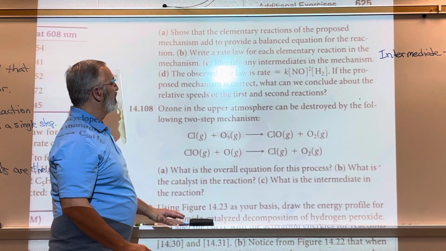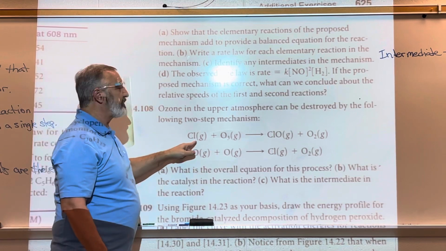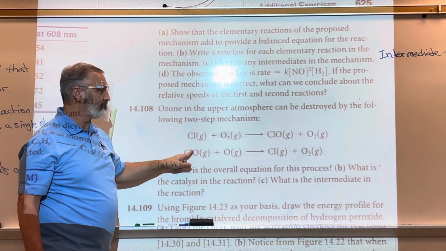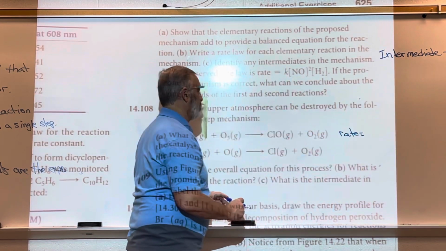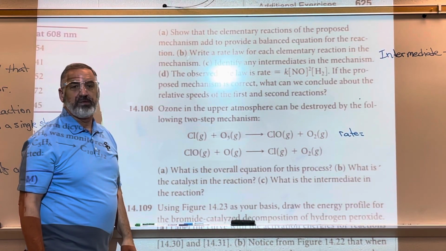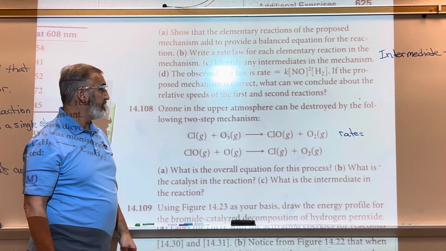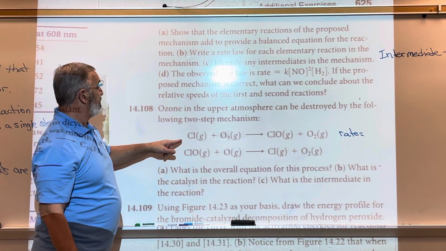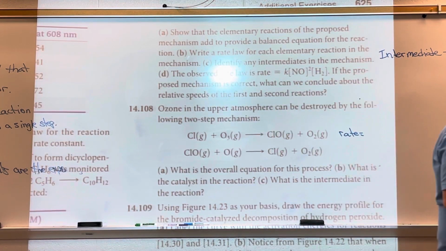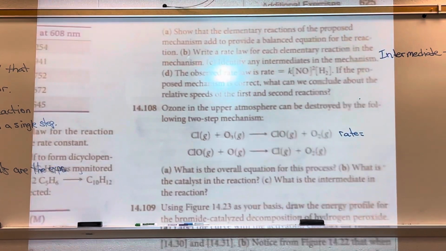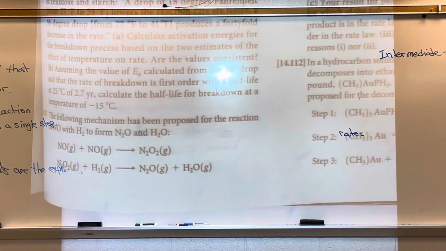Then it says, what's the rate law going to be? What's the rate law going to be for this one? Rate's going to equal... But it's going to be on the previous one. We have to write these off to the side here.